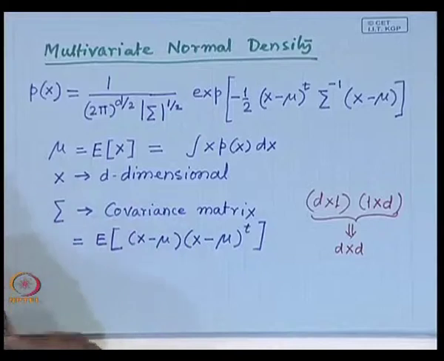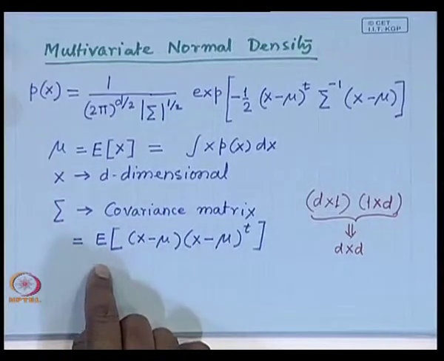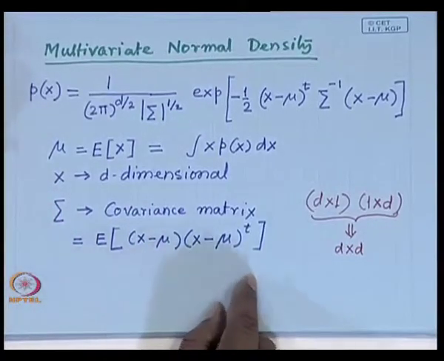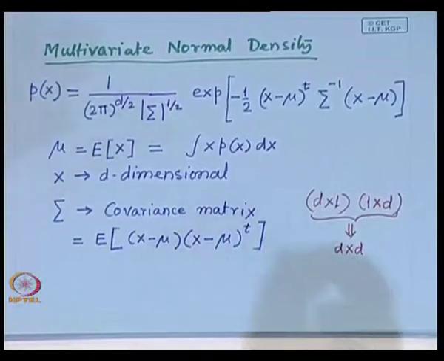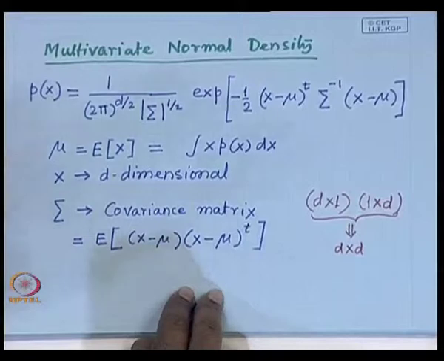So, the expectation value of this becomes the covariance matrix.